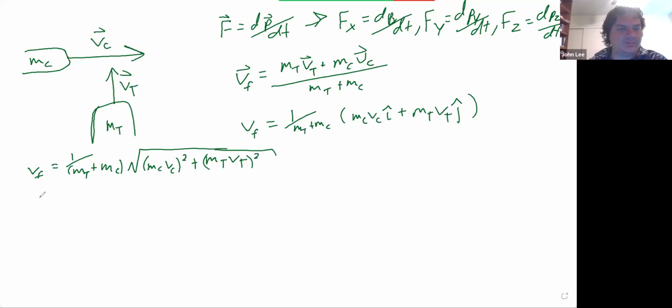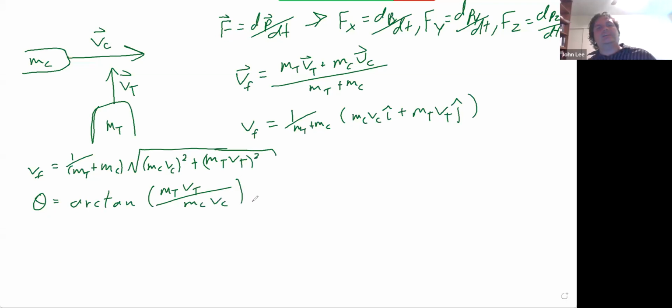And the angle that it makes with the x-axis is going to be equal to arctangent of MT VT over MC VC. So that's just basically a problem that you're going to be able to solve if you just plug in your values. This is a perpendicular problem where both vectors are perpendicular to each other, but you can do this for any type of vector that you see.